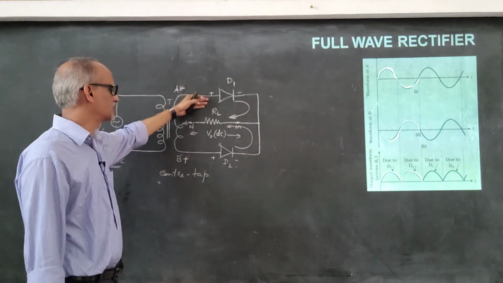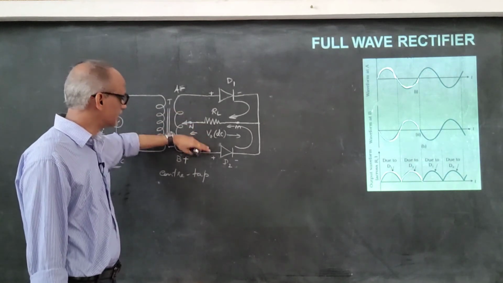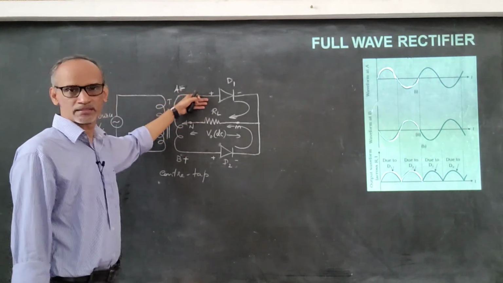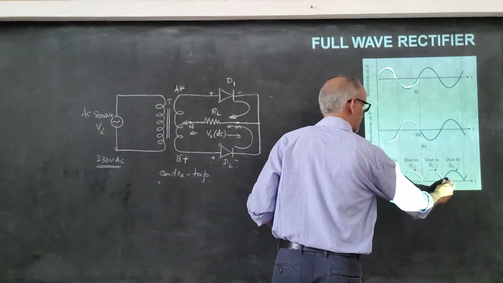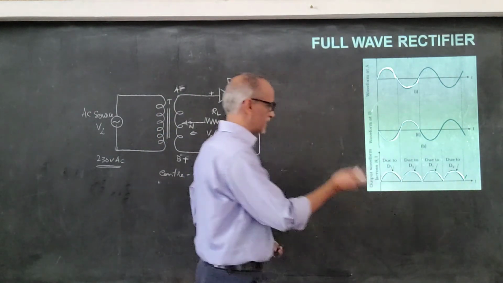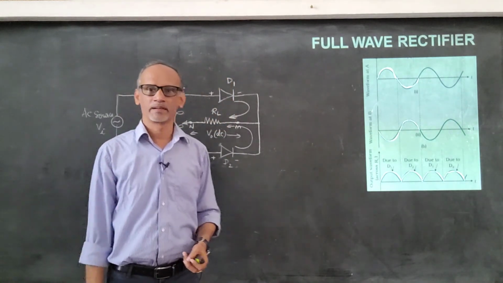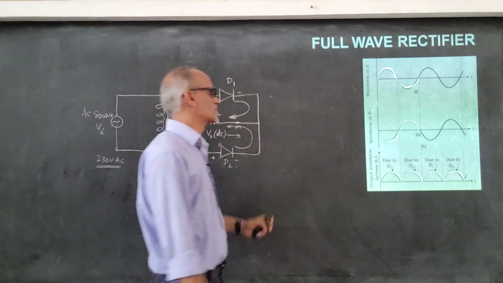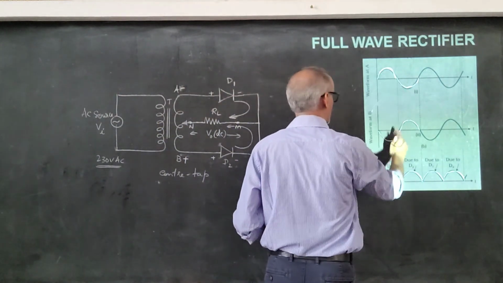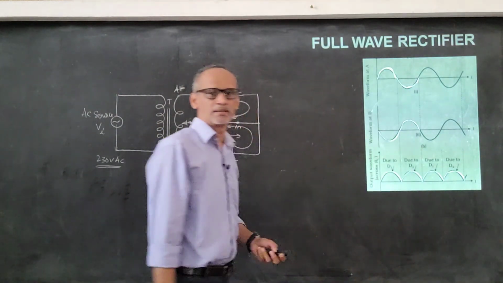When D1 conducts, D2 doesn't, and when D2 conducts, D1 doesn't conduct. So that's why we get output voltage, which is definitely better than the half wave rectifier, and it's called full wave rectifier because we get output voltage for both the halves of the AC.